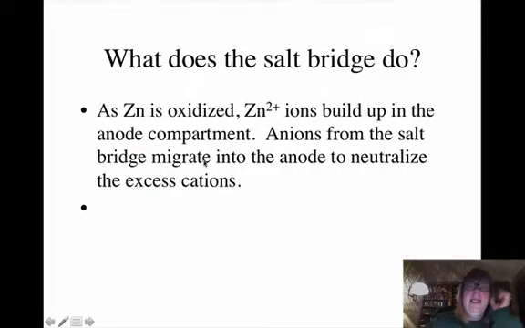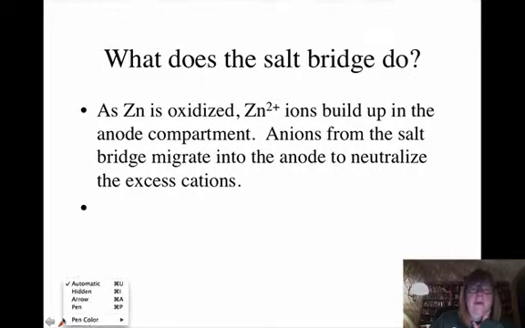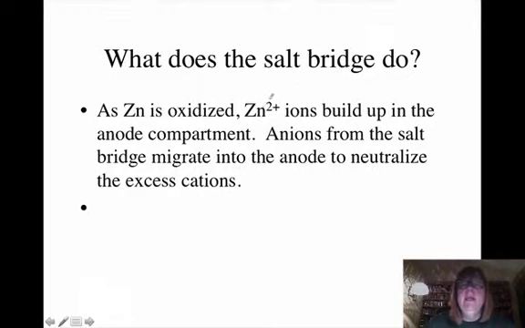All right, so let's see what that means. Okay, zinc is being oxidized. So this is what's happening at the anode, and it's building up zinc 2+ cations. Now that's what's happening in the anode compartment. Well, we don't want to get this positive charge buildup, so to neutralize that positive charge, anions from the salt bridge are going to come into the anode compartment to neutralize the excess cations.